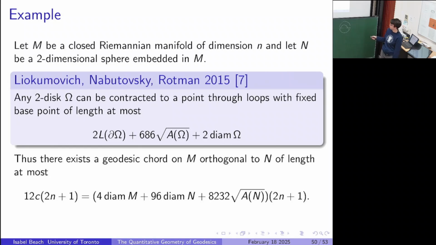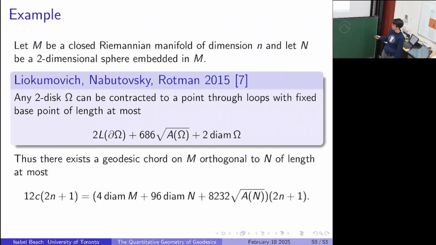And then I use that theorem to prove that there's got to be an orthogonal chord in M that's orthogonal to my two-sphere that has length at most... So now C is going to depend on this guy, so it's going to be very large. So it ends up being about 12 times C ends up being 4 diameter M plus 96 diameter M plus 8,232 times the square root area times 2 times the dimension of M plus 1.